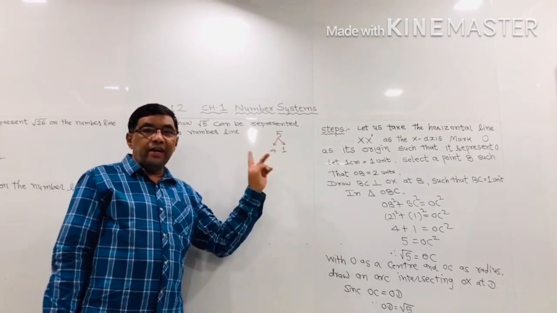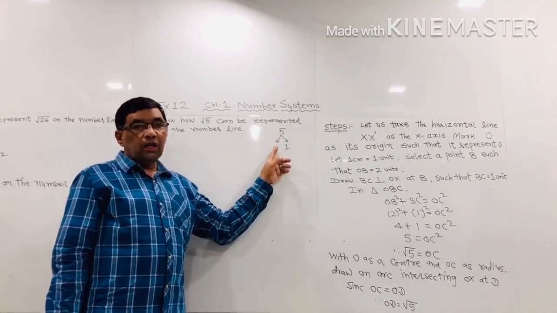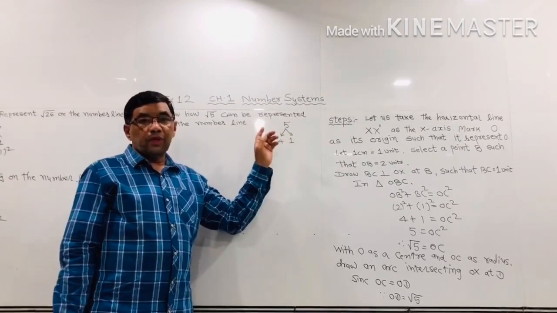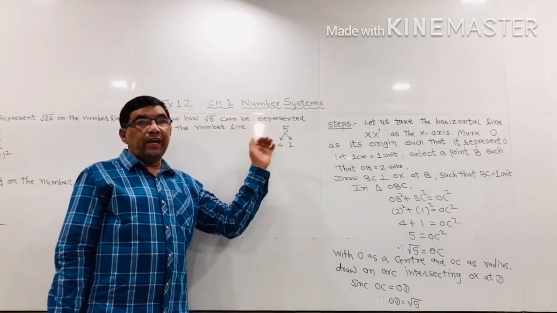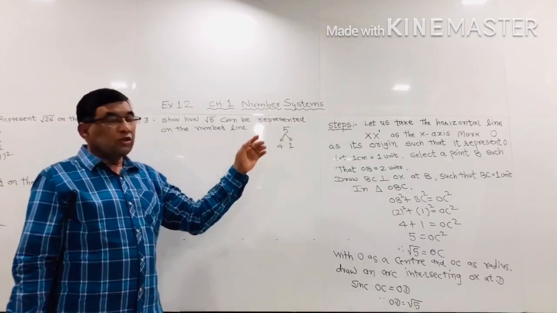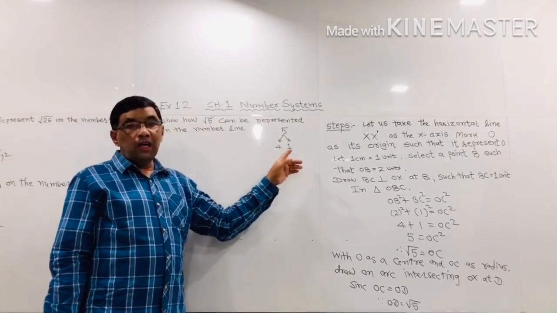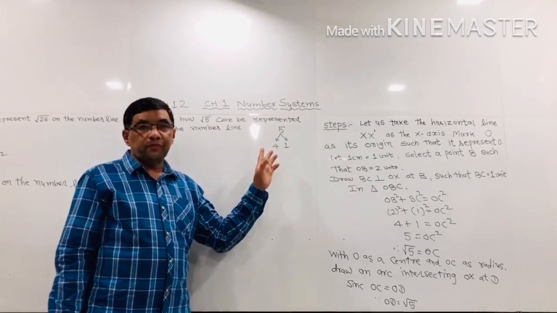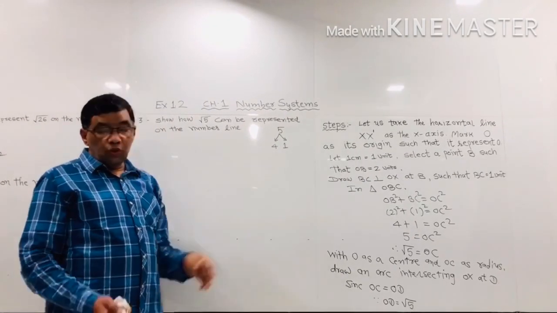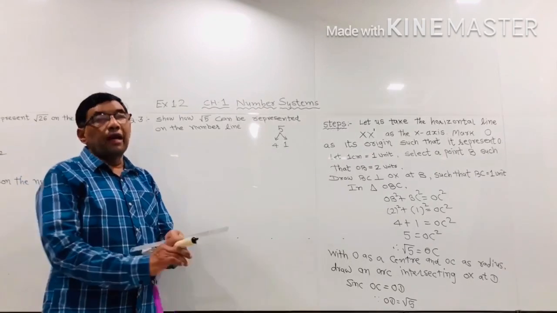So we divide 5 into two parts, 4 and 1. Keep this in mind, why we divided into 4 and 1: 4 is 2 square and 1 is 1 square. Now we represent root 5 on the number line.